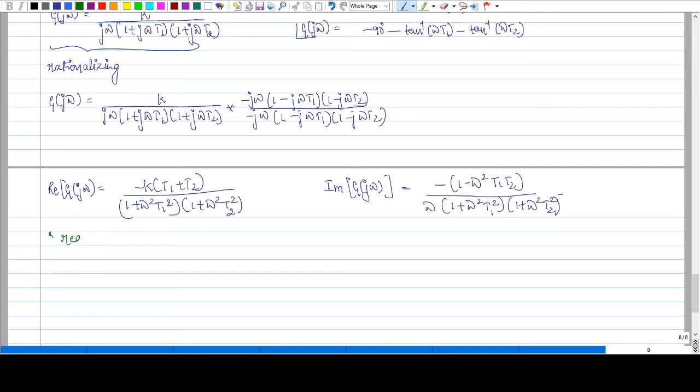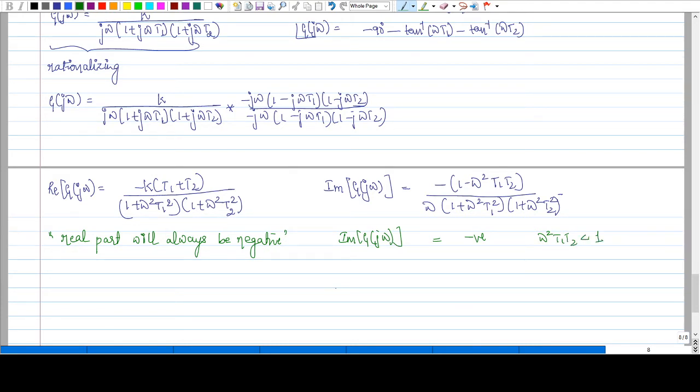The real part will always be negative, irrespective of the omega value, because you have a negative sign and T1, T2 is greater than 0. Coming to the imaginary part, the imaginary part of G of j omega will remain negative when omega square T1 T2 is less than 1.